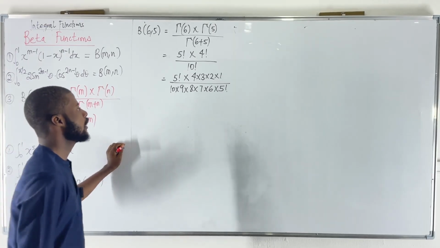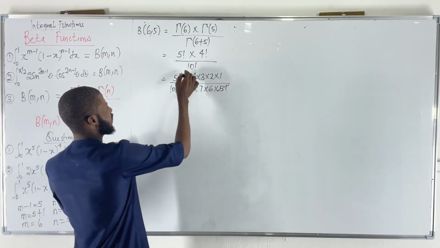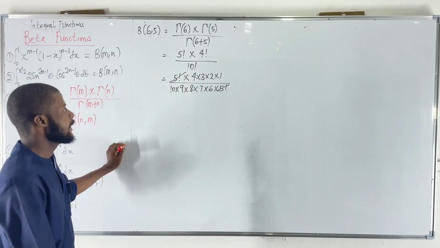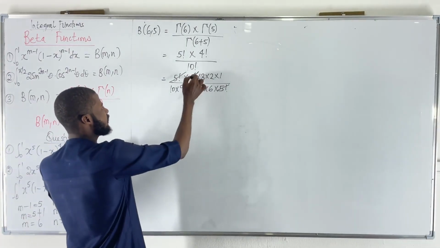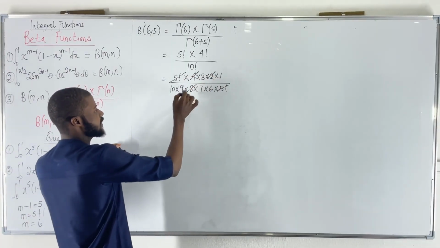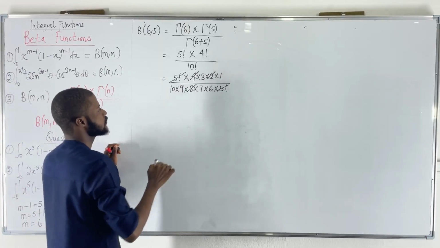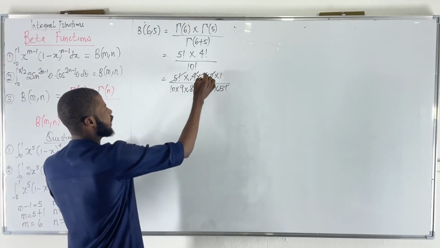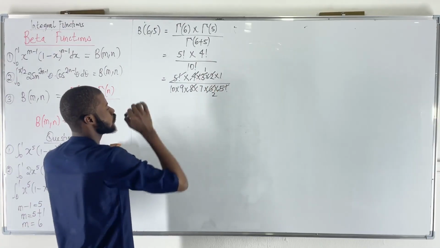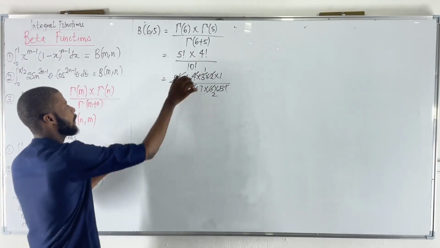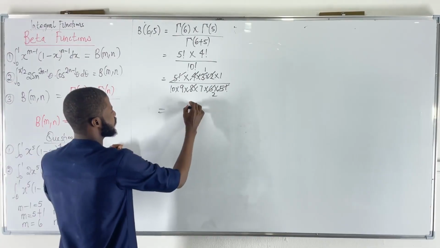Then we cancel out 5 factorial. Next, I know that 4 times 2 is actually 8, so that's gone. Then 3 here is 1, 3 into this is 2. So at the top, what I have at the numerator is just 1.